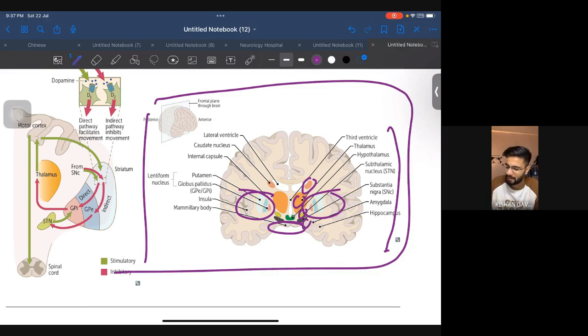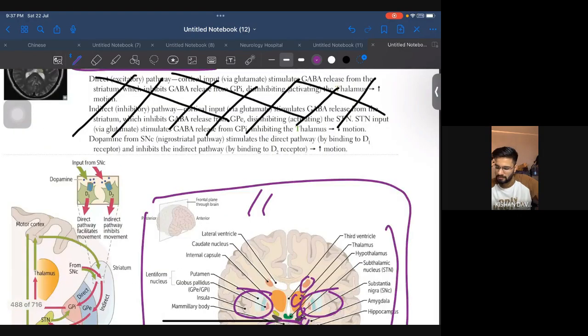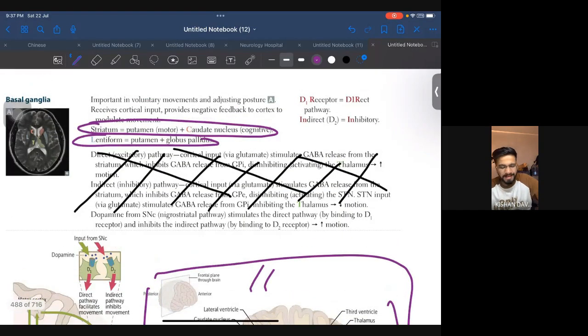Okay, एक एक identify करना आना चाहिए, because in every block where I was getting the neuro questions, mostly they were radiology questions, mostly MRI CT पूछे. Okay, and they are very easy. If you are thorough with this diagram, they are very easy. All right, so no need to know anything else in basal ganglia. Just remember कि इसका ये क्या होता है and function you should be knowing.